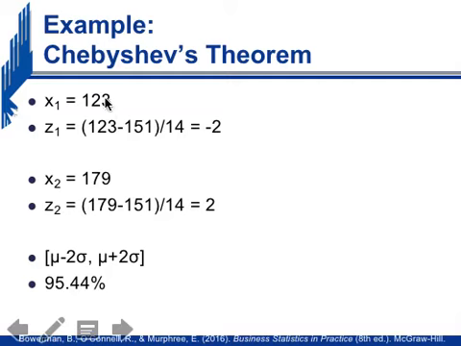So first, find the z-score, or the number of standard deviations away from the mean of each measurement. So 123, when converted to z, is negative 2, while the z-score for 179 is 2. So in other words, the interval 123 to 179 is just 2 standard deviations away from the mean.